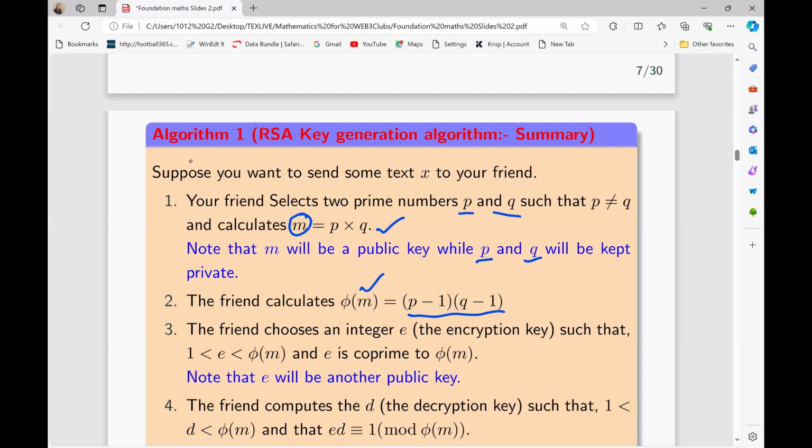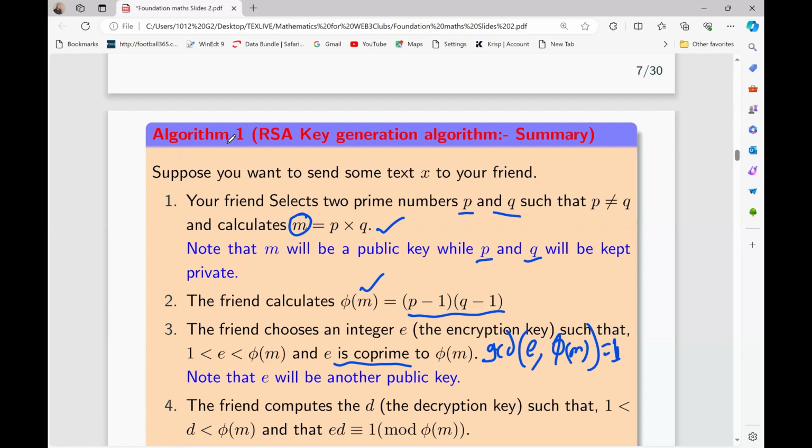We said because you're making a program, you're supposed to know that the GCD of E and phi of M is supposed to be 1. That is what we mean when we say they're relatively prime or co-prime. That's what it means, that the GCD of E and phi of M should be 1.